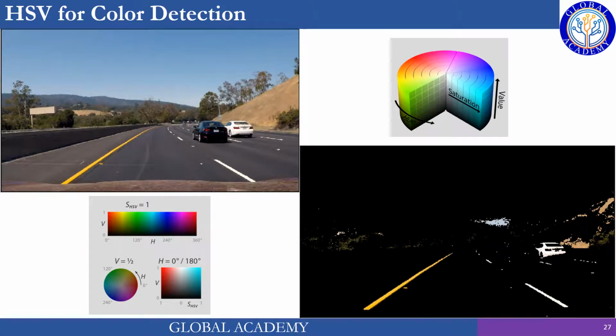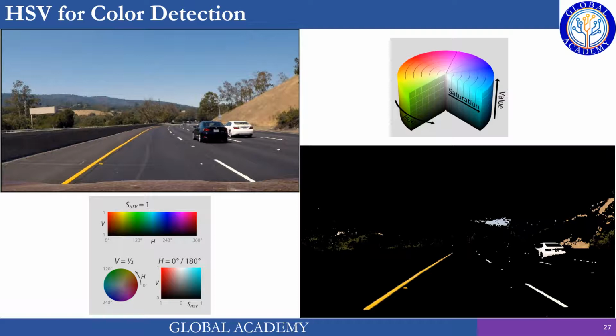Here is a well-known application of HSV color space. HSV color space is used for color detection. Like we have a road with yellow lines and white lines, which is a standard. We use the margin lines as yellow line and then dashed lines within the 2 lanes, and then a solid white line on the other side of the road.